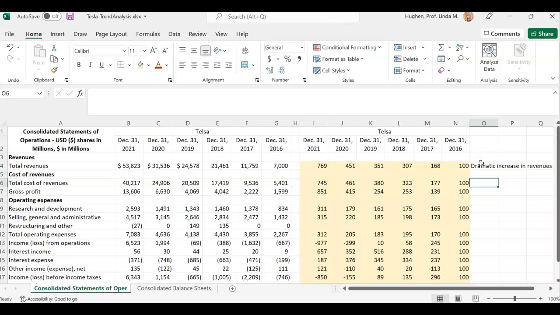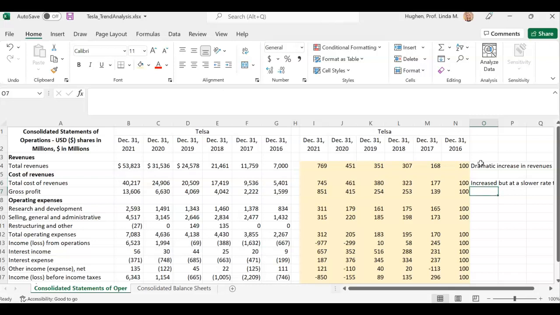Okay, now how did our other items change? Cost of goods sold, cost of revenues, increased just about the same, but less. Which is great. Tesla was able to generate even more revenues than the increase in its cost of goods sold.